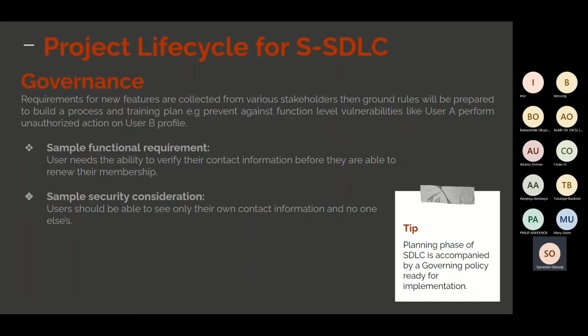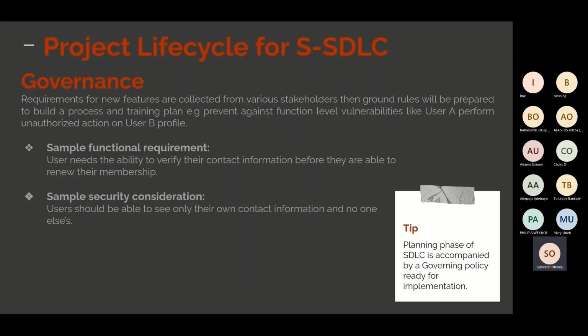So from the inception, while at the drawing board, the features are collected from various stakeholders on what the application would do, what it is for, and so on. You have a backup security policy that would be in place for each and every feature listed by these stakeholders.